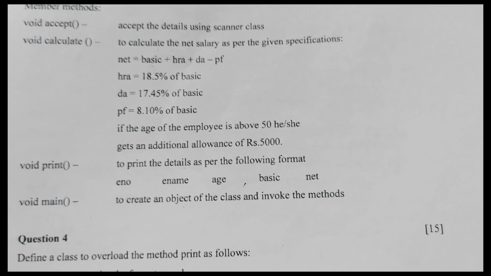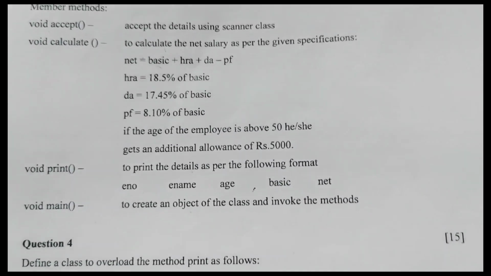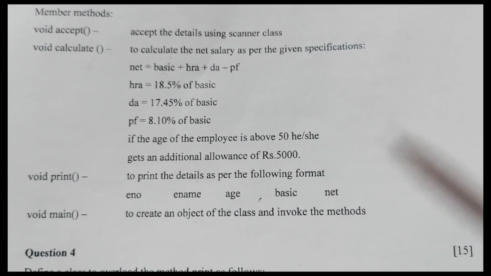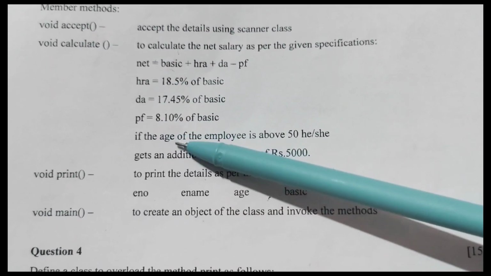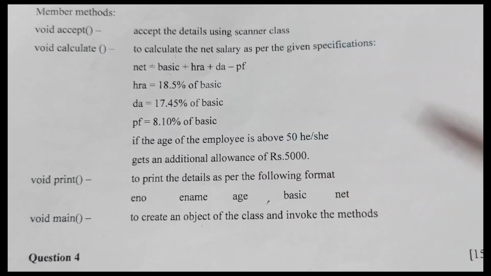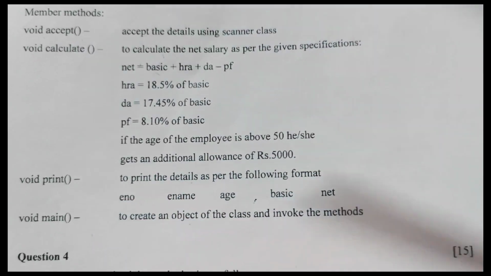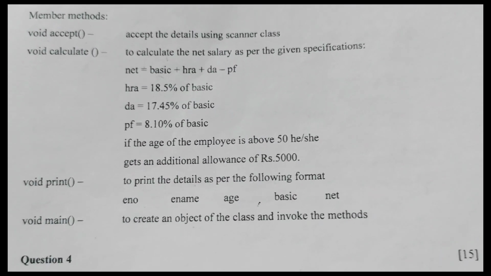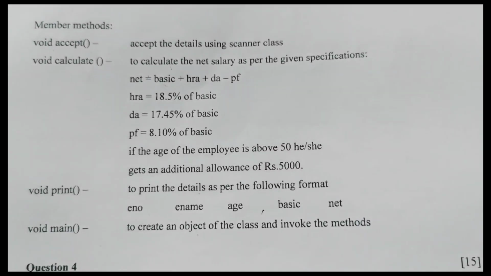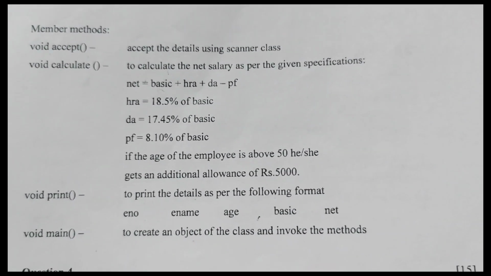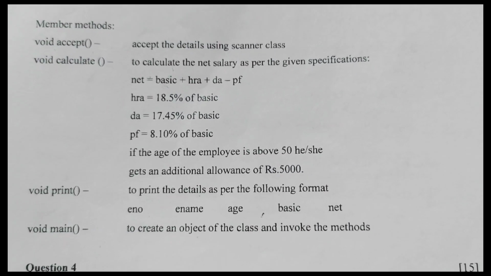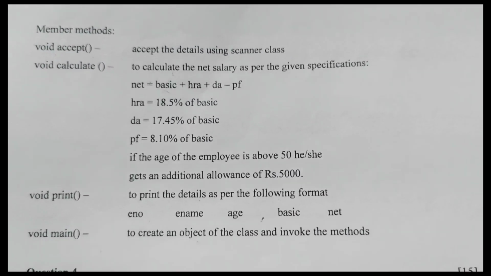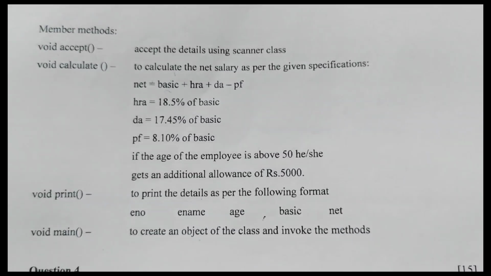So be sure to use these words and write comments in the program. Then, if the age of the employee is above 50, he or she gets an additional allowance of rupees 5,000. That means if age is above 50, he or she would be getting more salary.